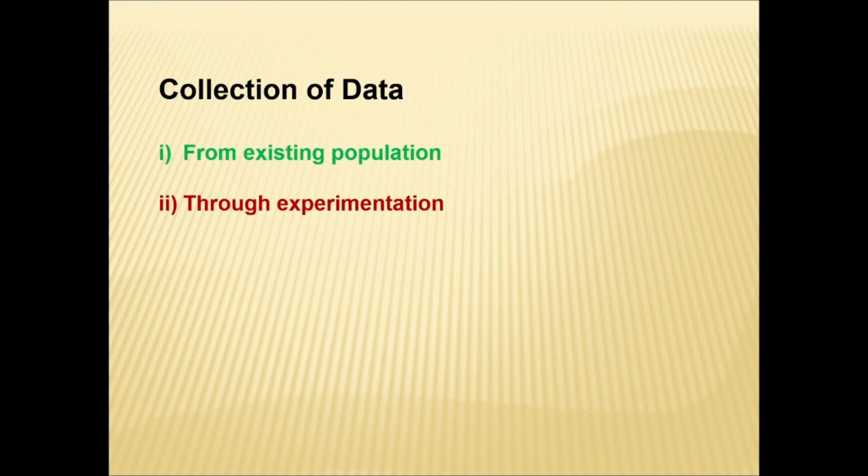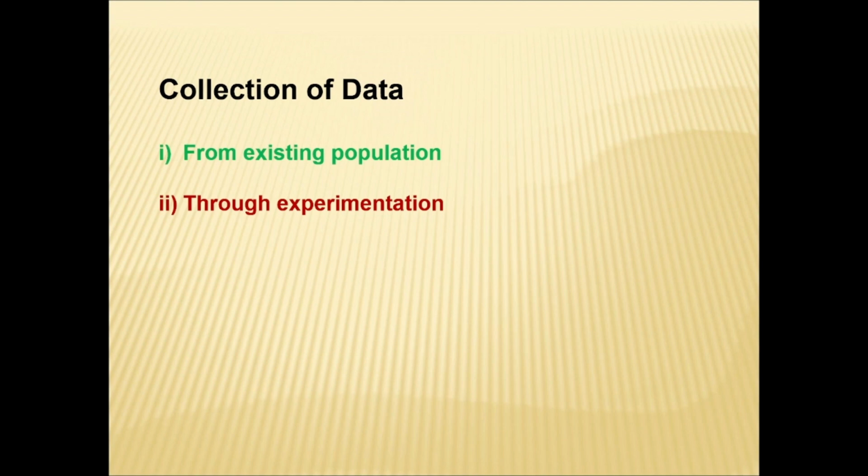The difference between these two is that you don't have any control over the existing population. But when you are collecting data under experimental conditions, the experiments are generally controlled, conducted under certain rules and conditions, and these conditions can be modified or changed by the experimenter himself or herself.